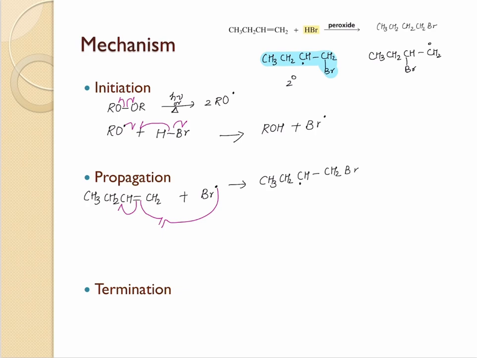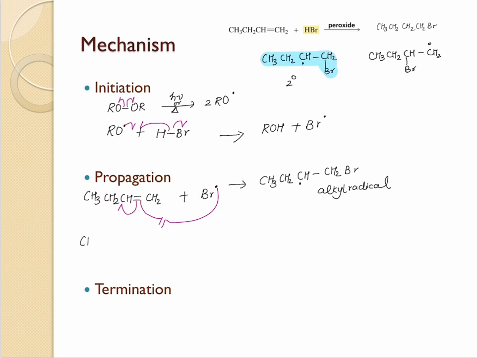This is the first step in the propagation, and this step will be followed by another propagation step wherein this alkyl radical is going to react with HBr, abstracting the hydrogen to form the actual product that we want. So this is the product that we'll be needing for this reaction, right?